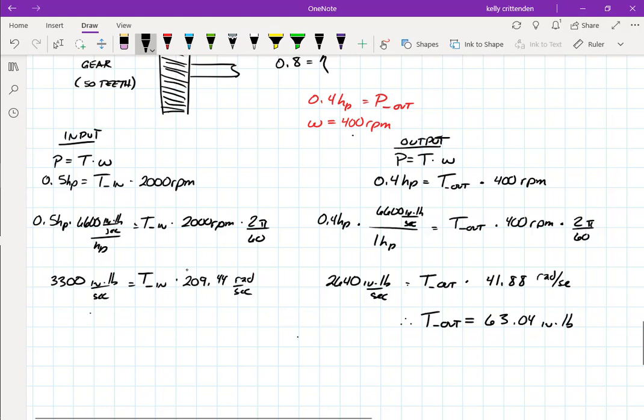That gives me an input torque of 3,300 divided by 209, which is 15.76 inch-pounds.